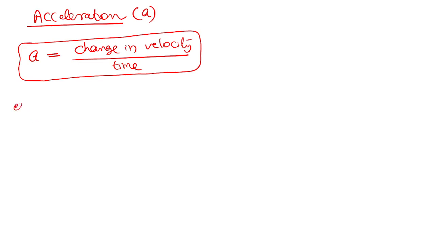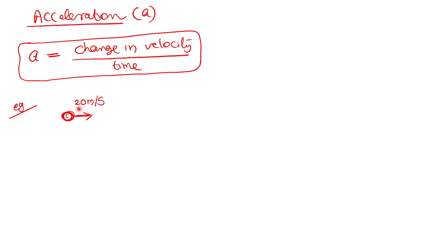For example, let me give you one example. There is an object. Initially it has a velocity, say 20 meter per second. What is the meaning of that?